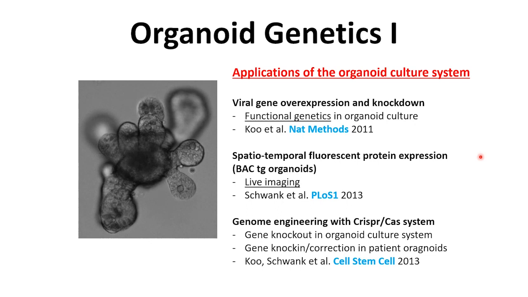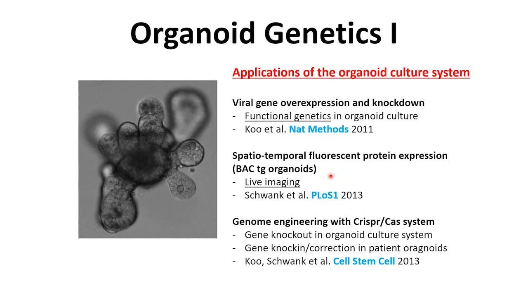In summary, I first made viral gene overexpression and knockdown methods in organoids. We also introduced how to generate bacterial artificial chromosome transgenic organoids. This was very crucial work, with which we realized how to do proper transfection in the organoid system.